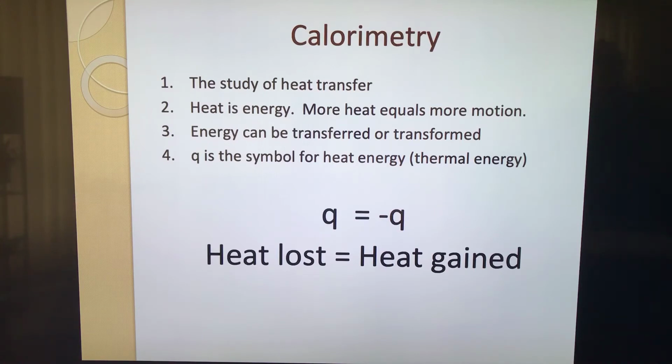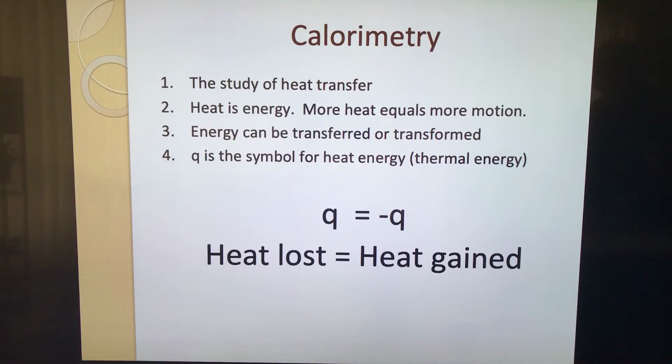Remember from last year in physics that we cannot create or destroy energy, and that means since heat is a type of energy, it cannot be created or destroyed. We can only move it around. Heat is energy. Remember when we started at the beginning of the year talking about molecules and motion, when we had more heat, we had more motion.